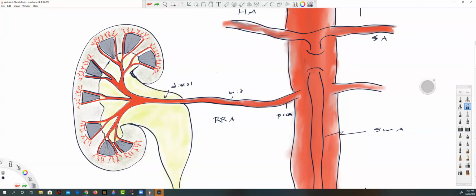Remember when we talked about the spleen? The spleen was divided. In fact, here, let me just draw some temporary lines here. The spleen was divided into all these different parts, right? That'll be enough. The kidney as well is divided into parts, as we're going to see.